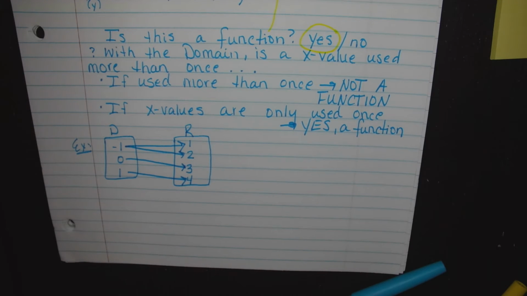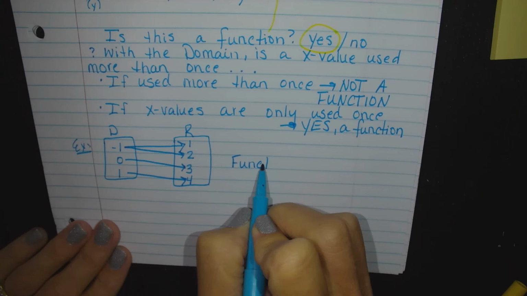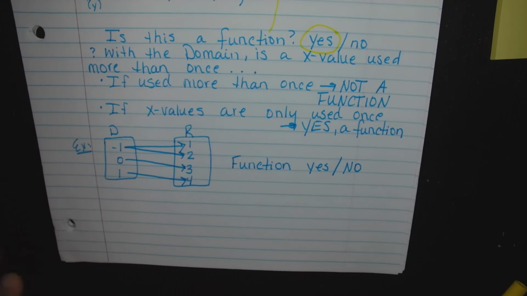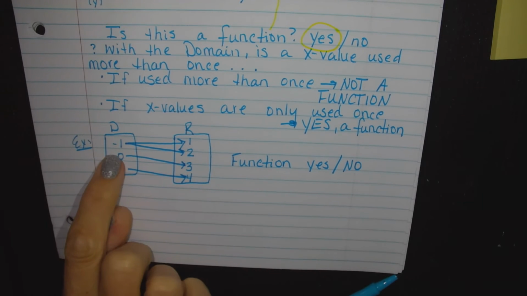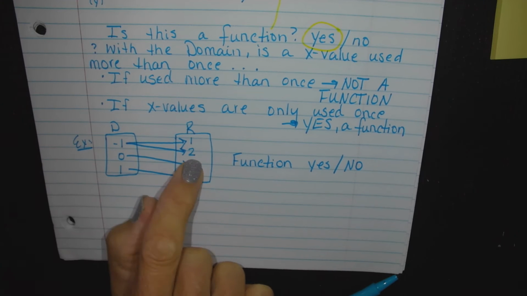You have the domain column, you have the range column. Really, is this a function? Yes or no? Look carefully. Allison. It is not a function because the number -1 is used more than once. Excellent. Do you see how the -1 was used here and here?